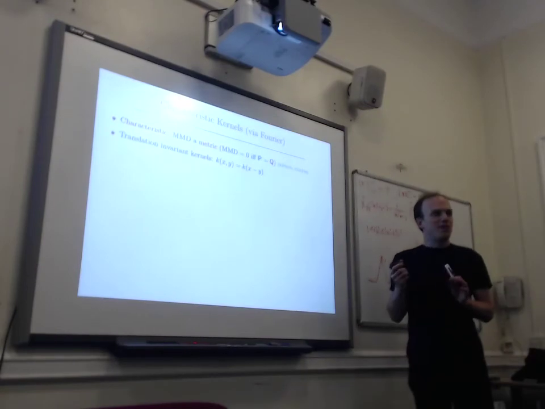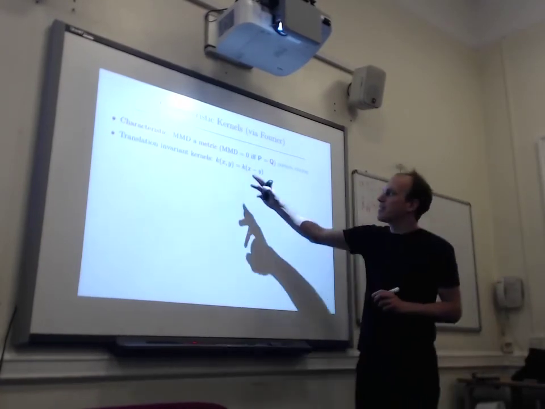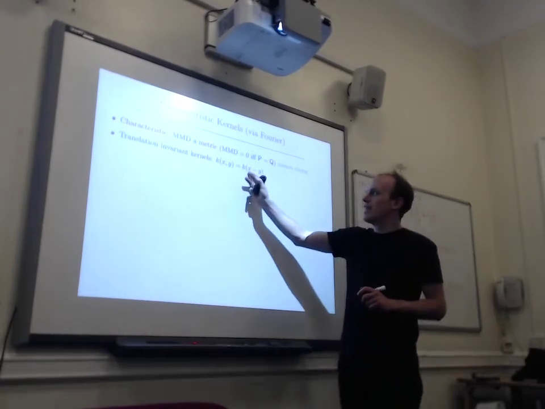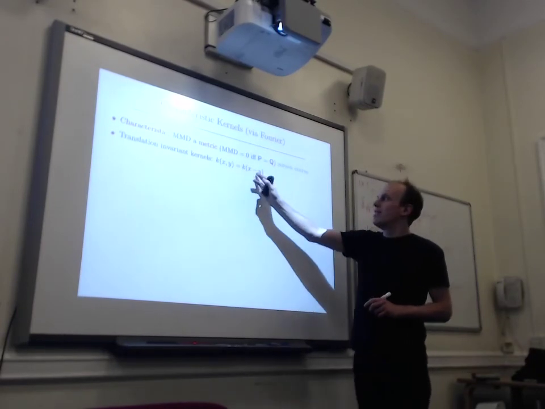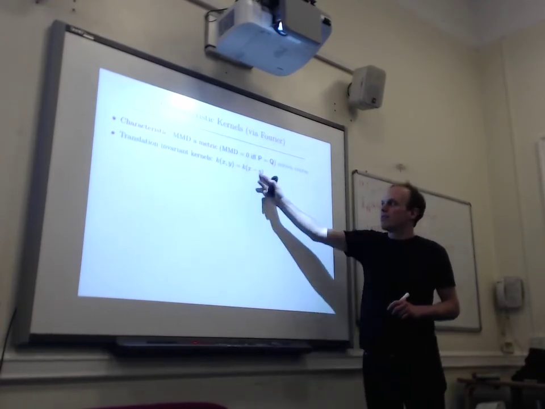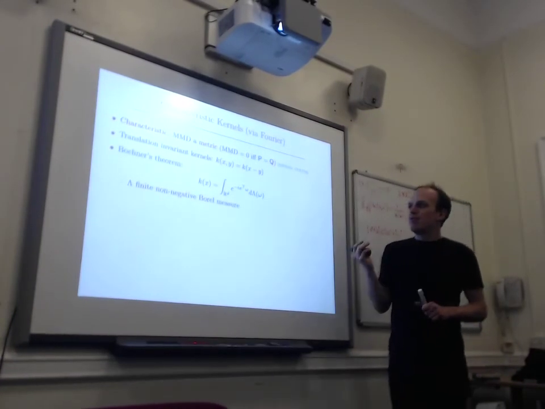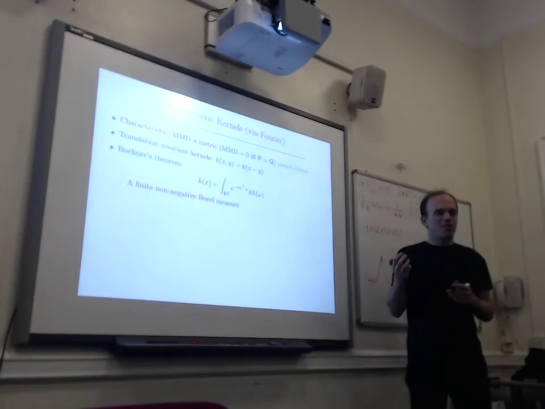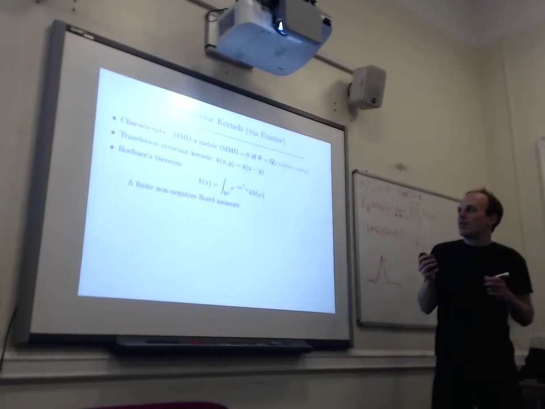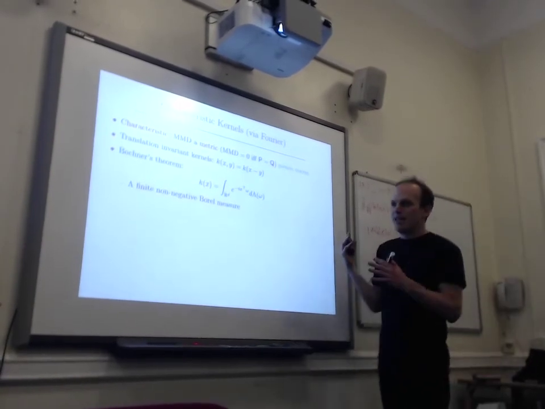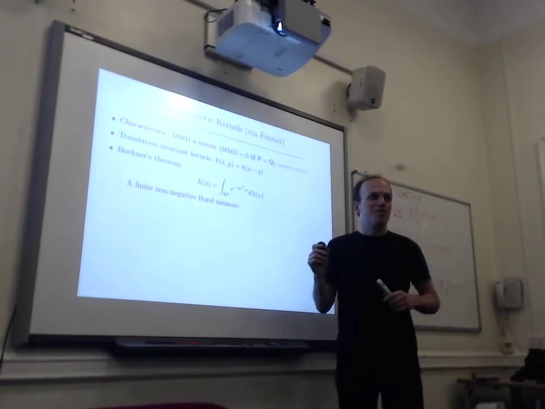So what I'm going to do is show this for the translation invariant kernels, which are the kernels which take as their argument the difference between the two points. And I'm going to use a specific result which I was hinting at in the first two lectures, but now I'm going to make explicit.